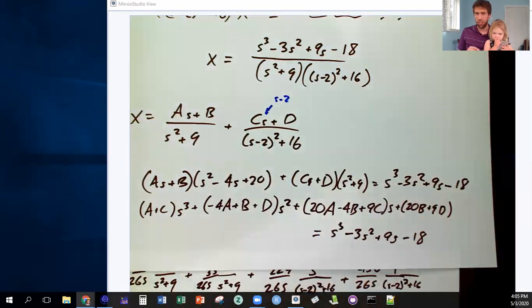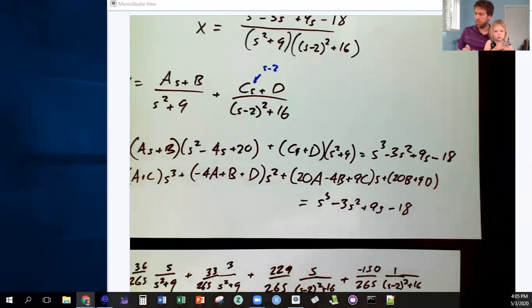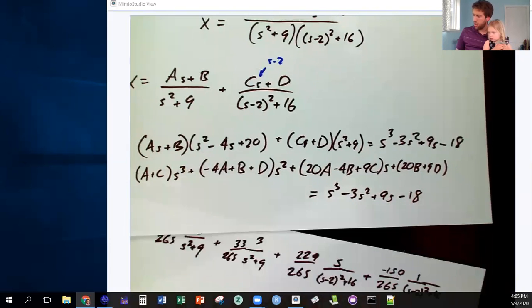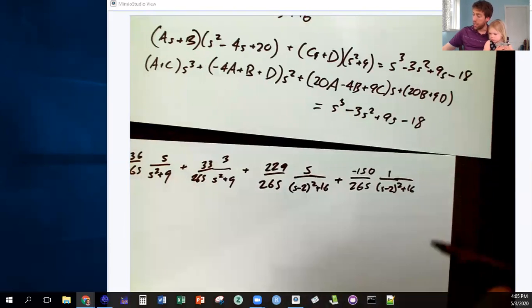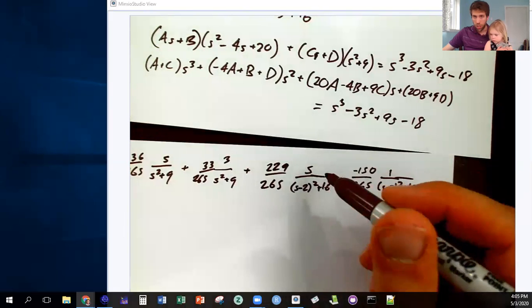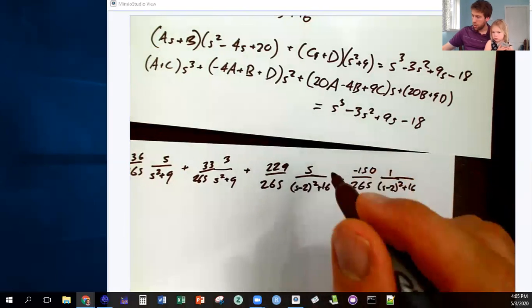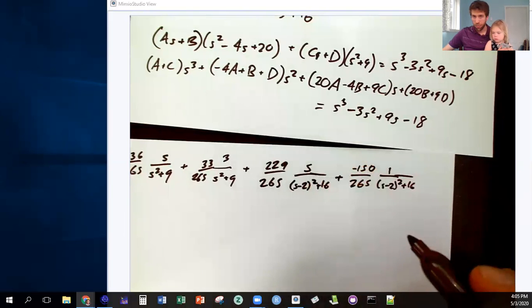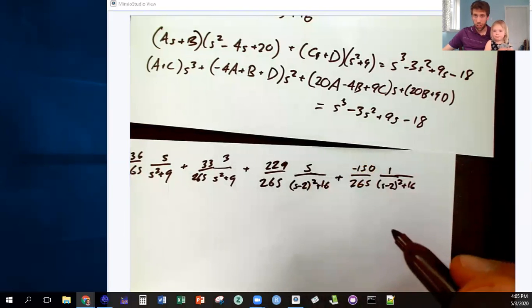I might even do that right now, or else I can salvage it. Let's just try to salvage it. Okay, so what I need, so I want a minus 2 here. Okay, so I guess I'll just add and subtract 2.